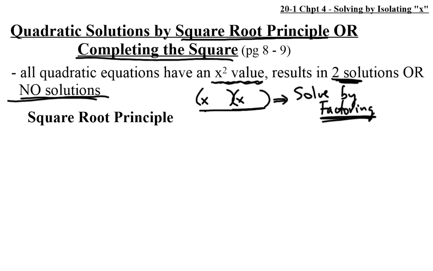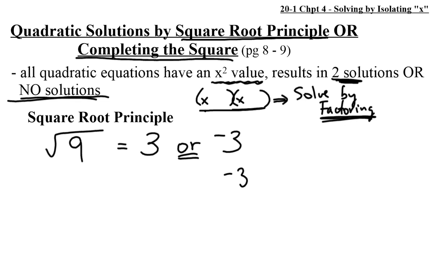This idea today, the square root principle, tells us, and what becomes important is this idea that anytime we are doing work and we square root a value, the square root of 9 we think of as 3. But there's another possibility, and that's -3.